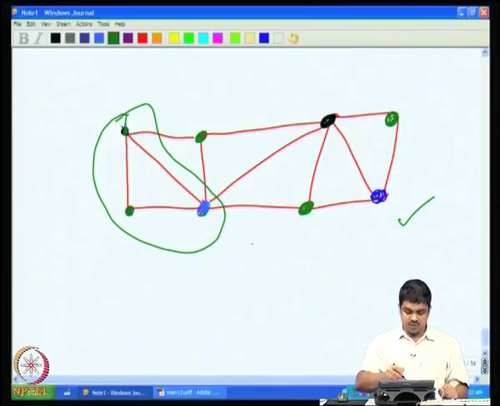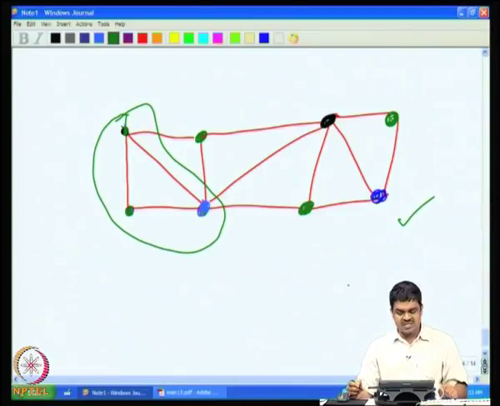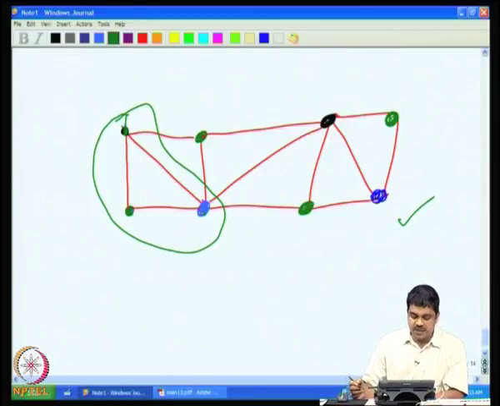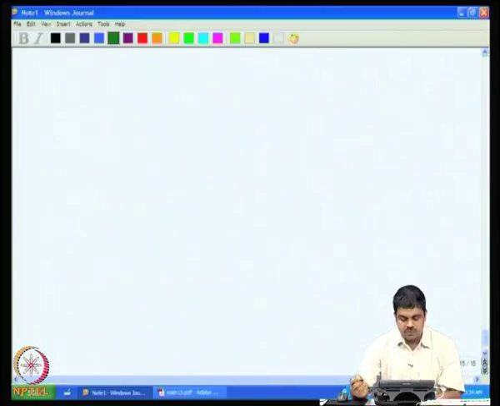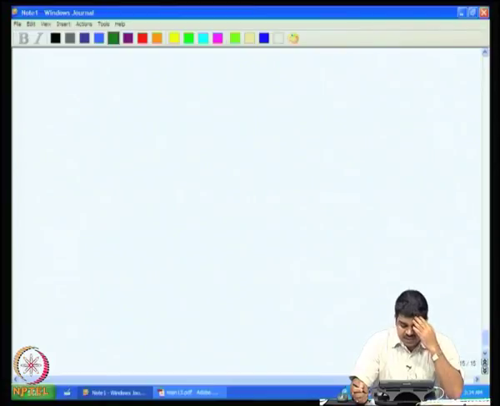So in this case it is an optimum coloring, but in all cases it need not be optimum. In some cases we may end up using too many colors. But still we can try to come up with some kind of upper bound, saying that whatever it is, it may not be optimum, but we have only used this many colors.